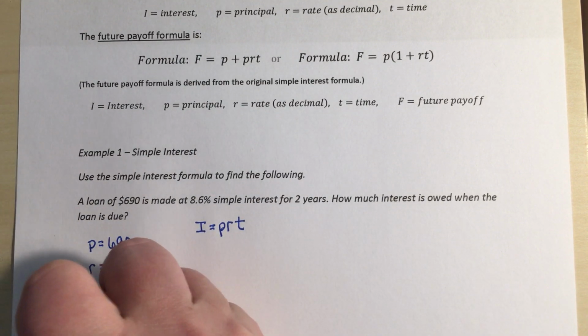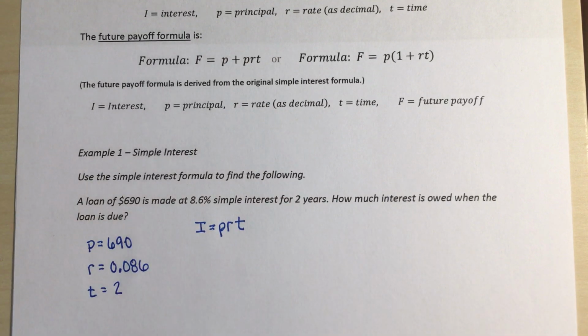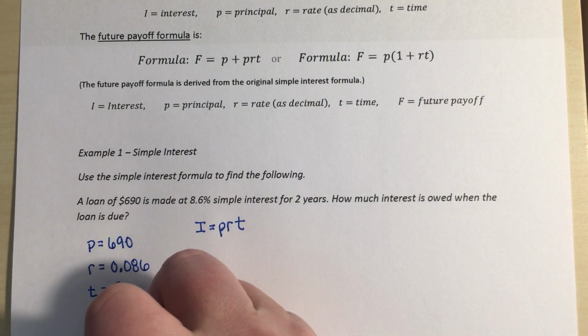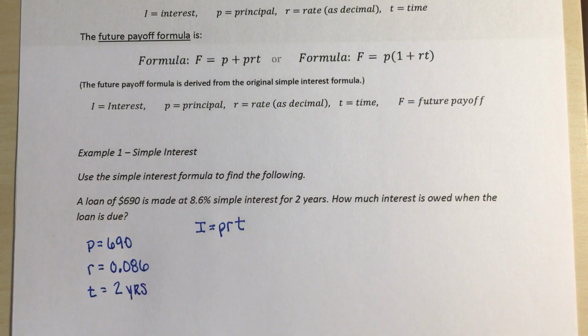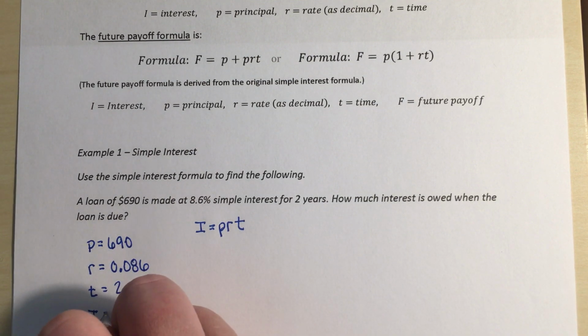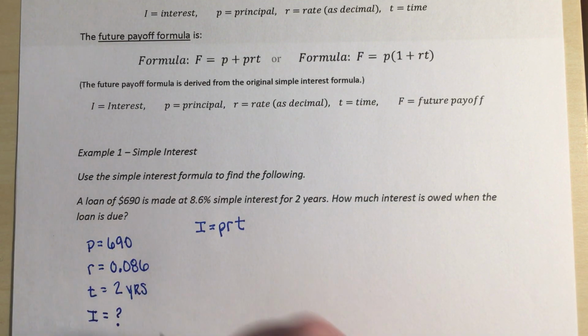Our time, we're told, is 2 years. And again, unless we're told otherwise, we're going to assume that our interest rate is per year as well. And our interest, our I, is what we're looking for. So I is going to be our question mark.